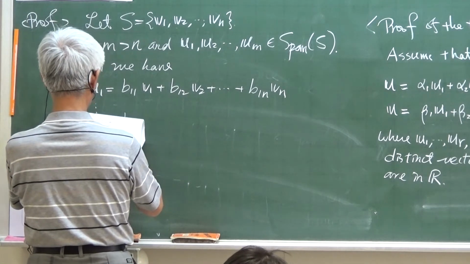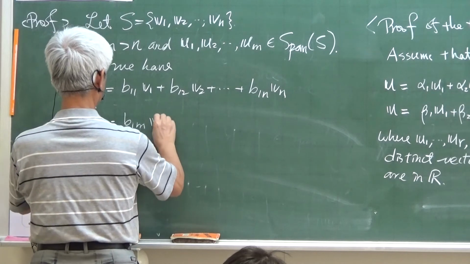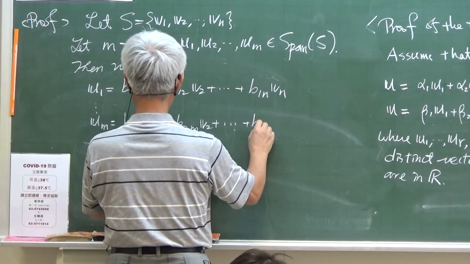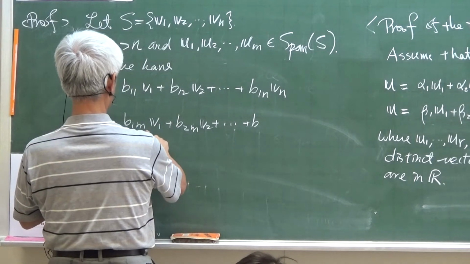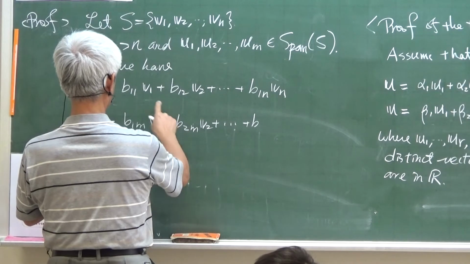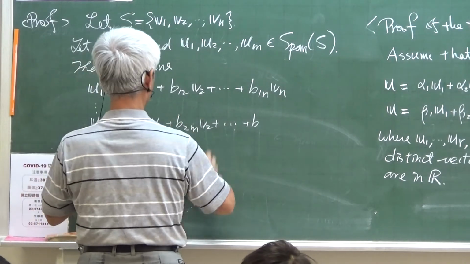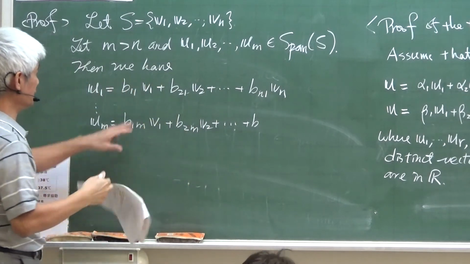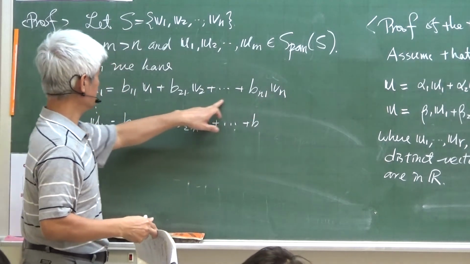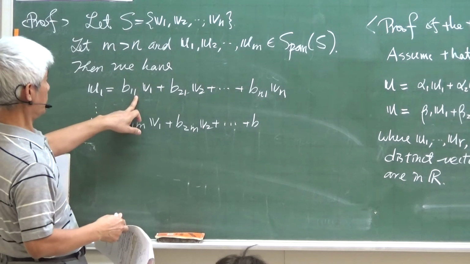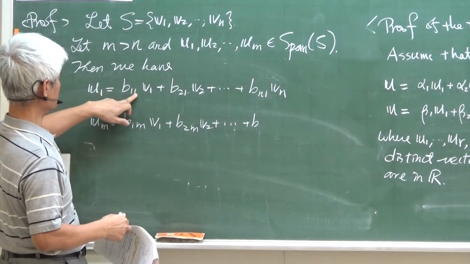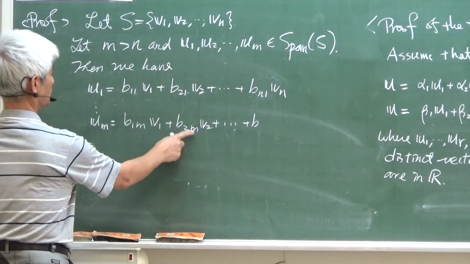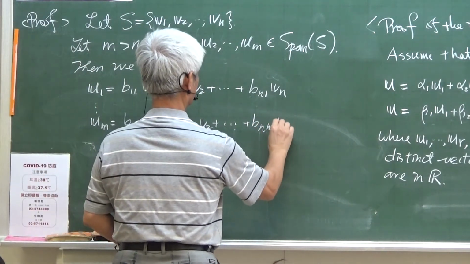I'm sorry, the second part, the second index, is for the index of the u.